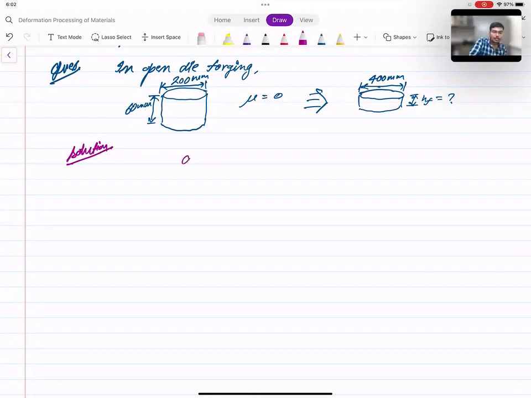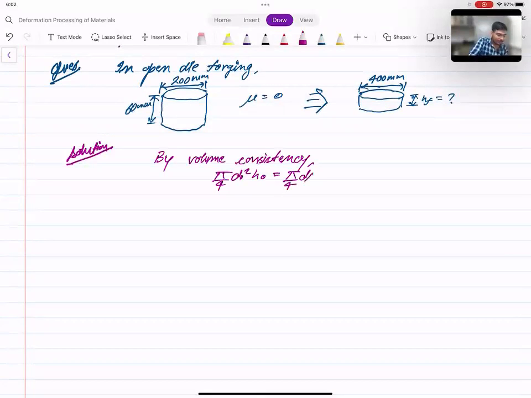Let me write the entire thing by volume consistency. We have pi by 4 d naught square h naught is equal to pi by 4 df square hf.